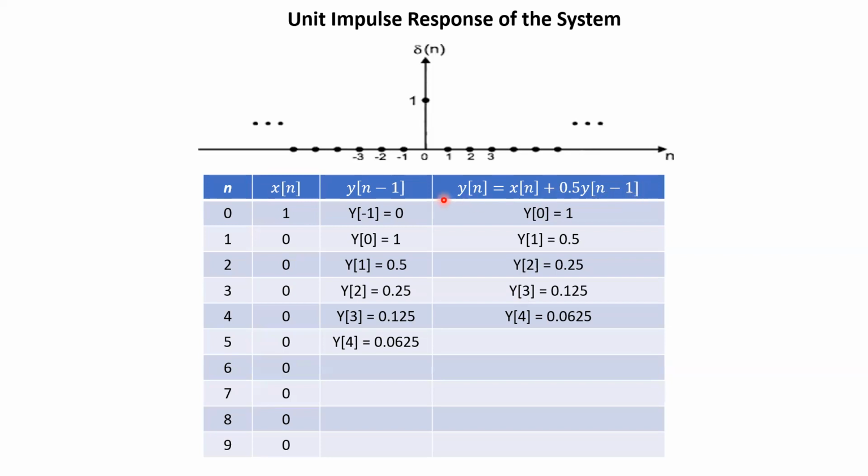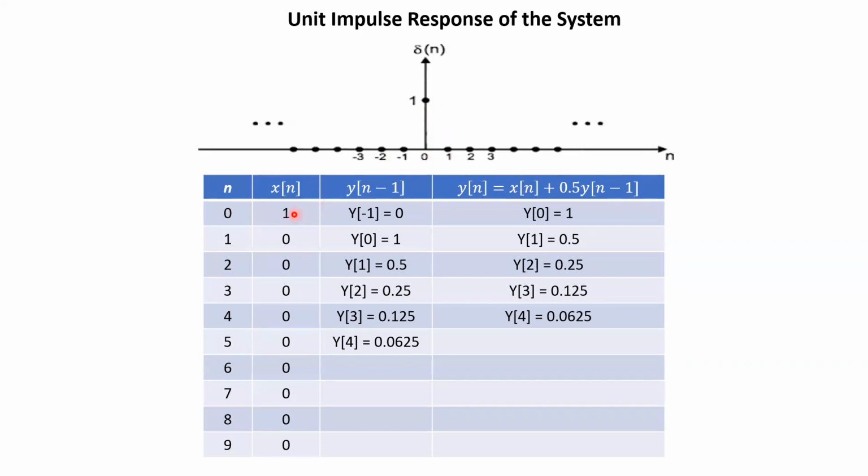Here I have calculated y[n minus 1], and here I mention the input sequence, when we change the time index from 0 to 9. For simplicity, I'm not considering any negative values of n, because we know that the system is initially at rest, and therefore the response y[n] is 0. If we substitute n equals 0, the delta function takes the value 1, so I show the input x[n] equal to 1.